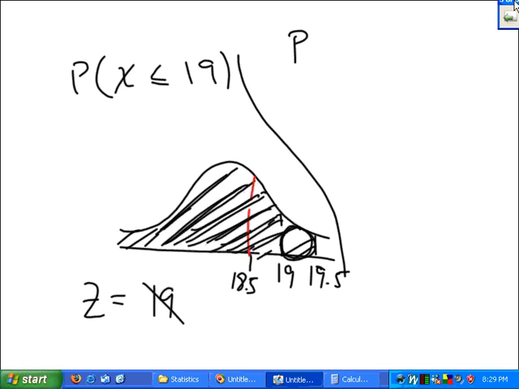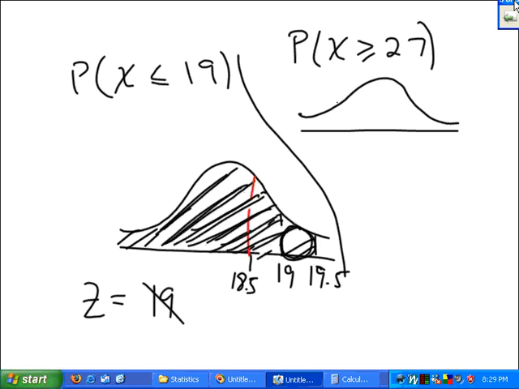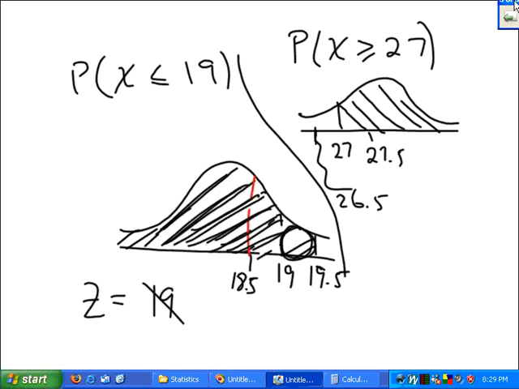If you wanted the probability that x is greater than or equal to 27, for argument's sake, put 27 there. Well, either we're going to deal with 27.5 or a little bit below, like 26.5. 26.5 is right here. Now, we must include 27 and above. Well, I hope it's clear then, we better start at 26.5.